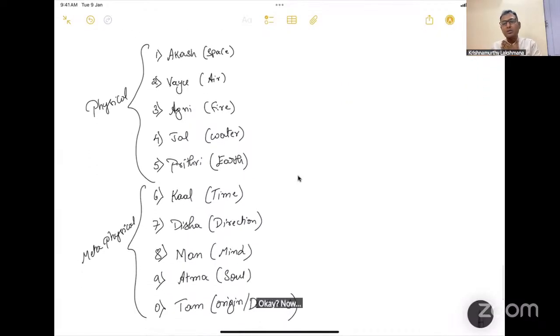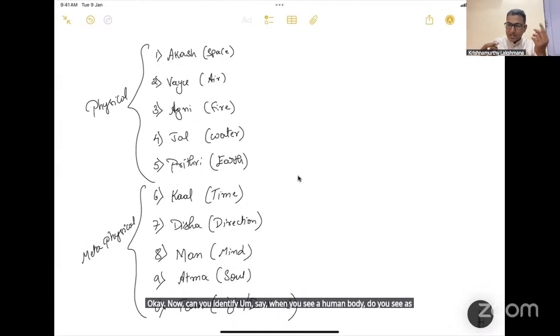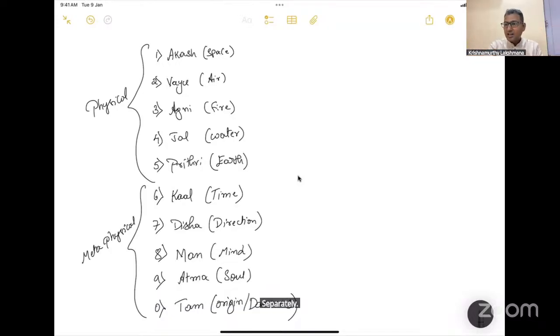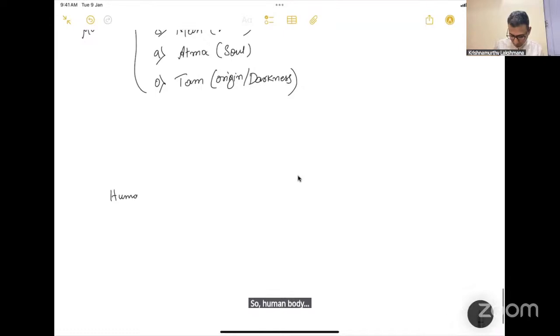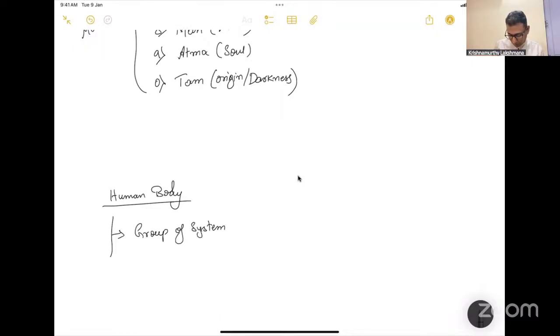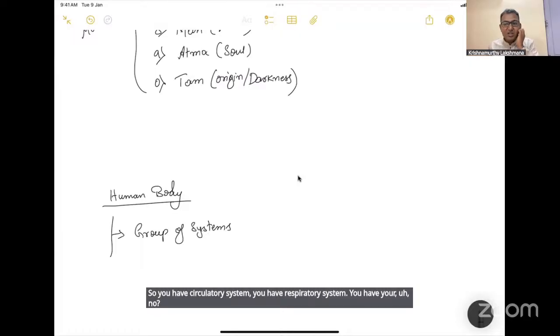Now, the human body is not... Okay. Now, when you see a human body, do you see it as 10 different elements separately? You don't see it, right? So you see it as a group of systems. So the human body is seen as a group of systems: you have the circulatory system, the respiratory system, the digestive system, the nervous system.